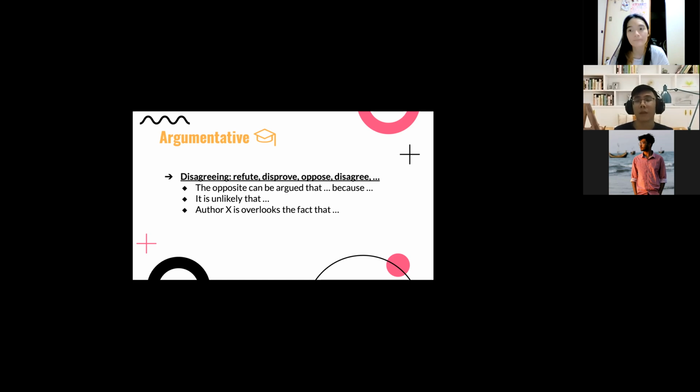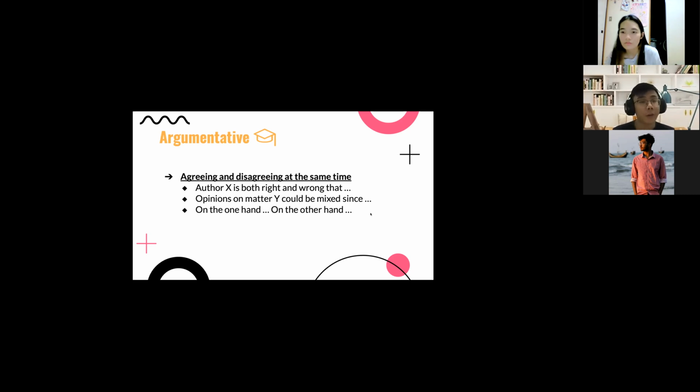Yeah, that's right. Like I mentioned earlier in this section, there are three types of language: agreeing, disagreeing, and the last one would be something that combines both of these aspects. So when you are agreeing and disagreeing at the same time, maybe you can say author X is both right and wrong that.